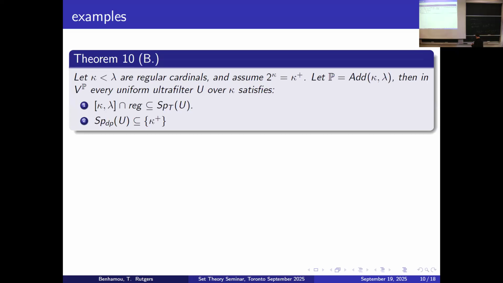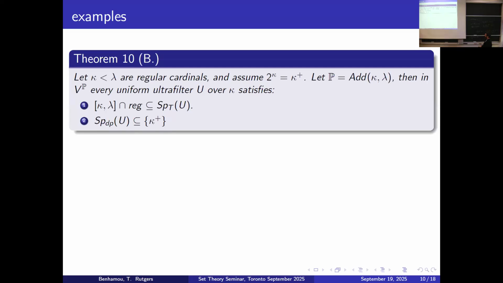And it's the other way around for the spectrum π(U): it is a subset of the interval up to κ⁺. Suppose there's a missing κ here; it's supposed to be also κ. You cannot add things to the spectrum that weren't there already.